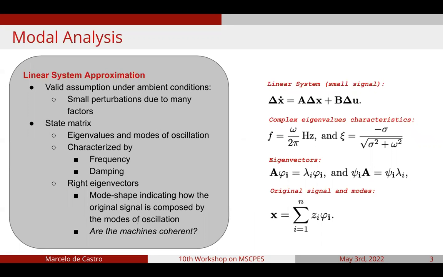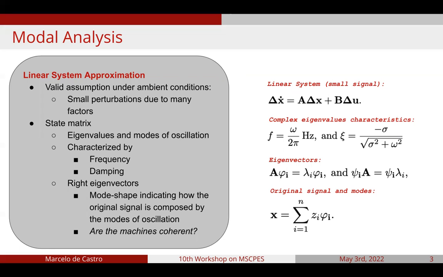And in order to calculate wide area modes that are found in power systems, it is necessary to understand modal analysis. So modal analysis is a study in which it assumes that under small perturbations, it is possible to approximate the power system's nonlinear dynamics to a nearly linear behavior.